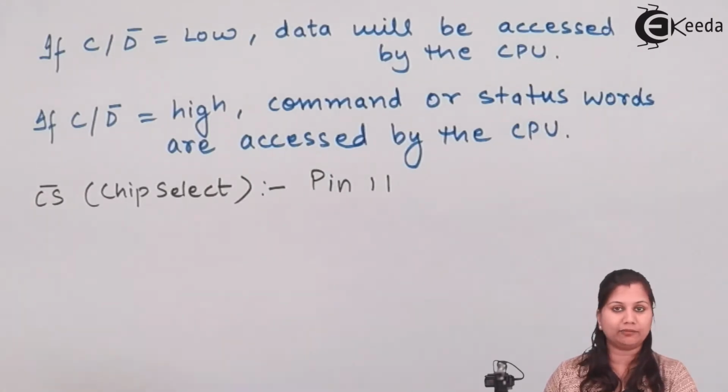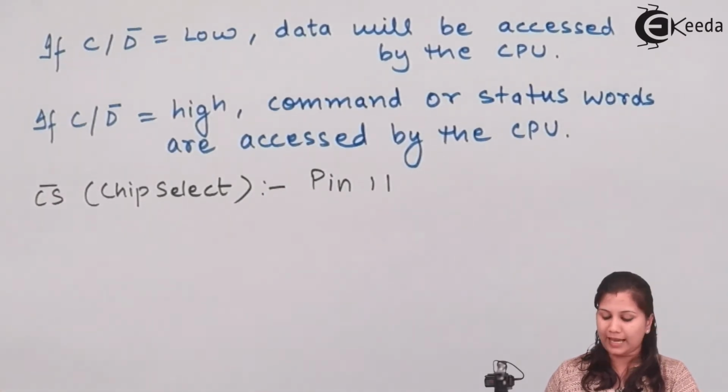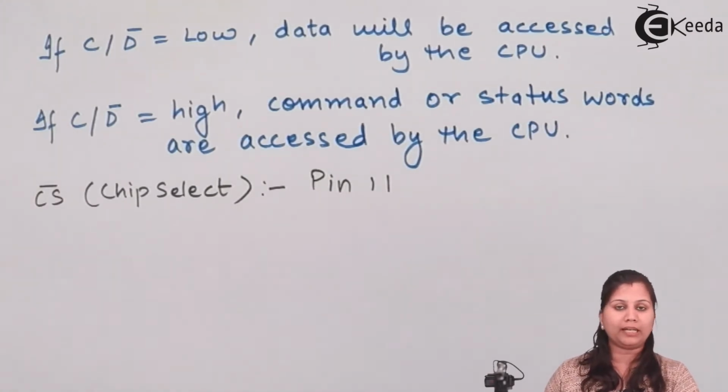When it is low, means its value is 0, then the 8251 chip will be selected, and when it is high, then the chip will not be selected. So if we want to perform any task with the 8251 IC, we have to first select this pin. The 8251 is going to work only when this chip select signal is given to it by the microprocessor.